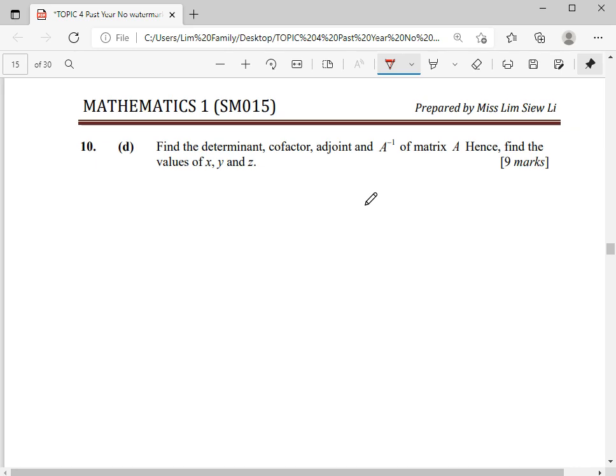Okay, so for this part D, we're going to find out what X, Y, Z are. So find the determinant, cofactor and adjoint for this matrix A, and the inverse of A. I have to work out matrix A first. Just now our A, substituting in P, Q, R, becomes 1, 1, 1, P, Q, R, 2, 3, 3, and then 4, 9, 12.